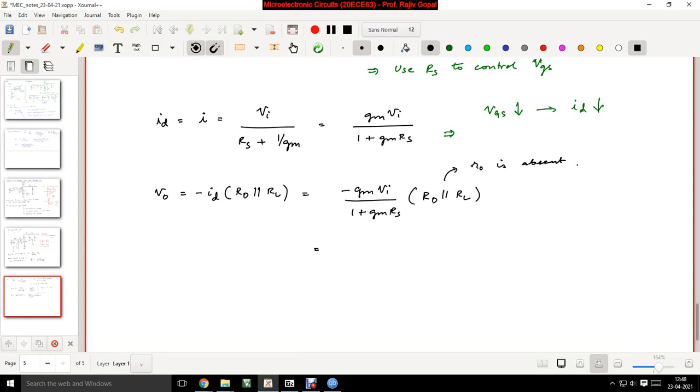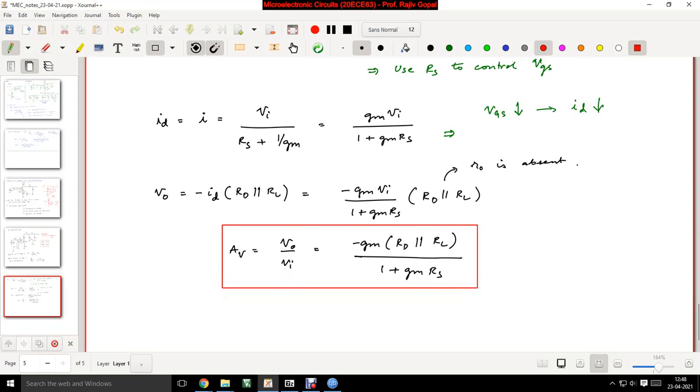From this, AV, which is V naught by Vi, is minus Gm into (RD parallel RL) divided by 1 plus Gm into Rs. So this is one expression for AV.